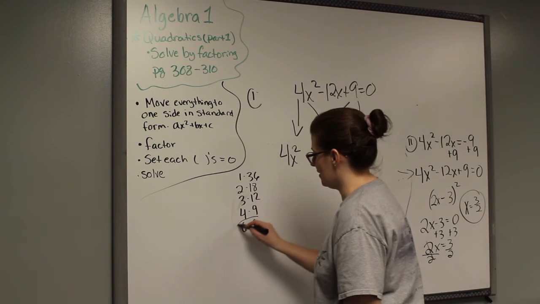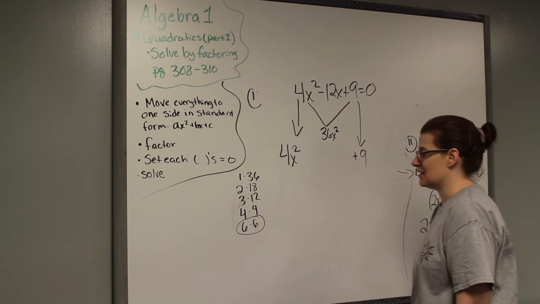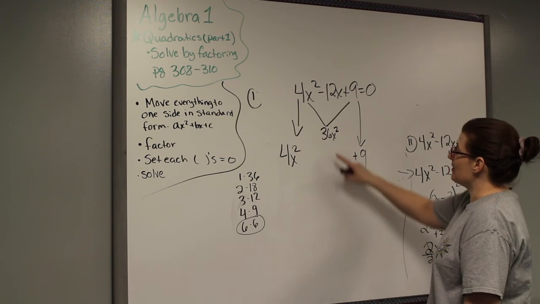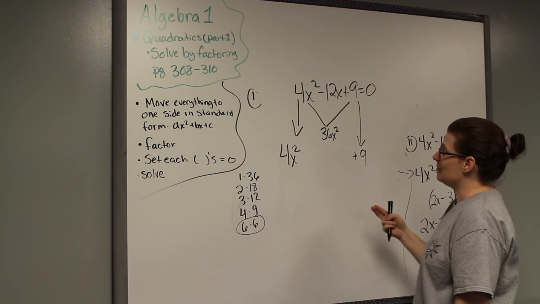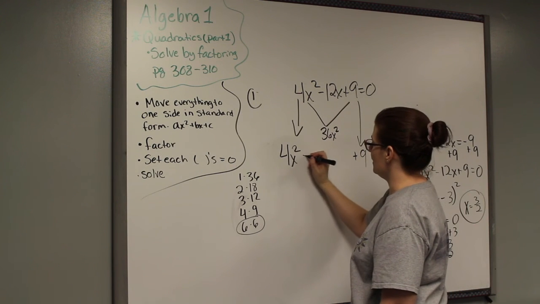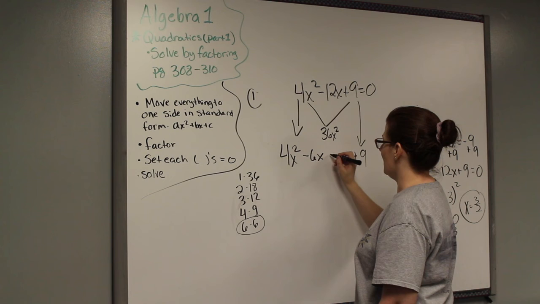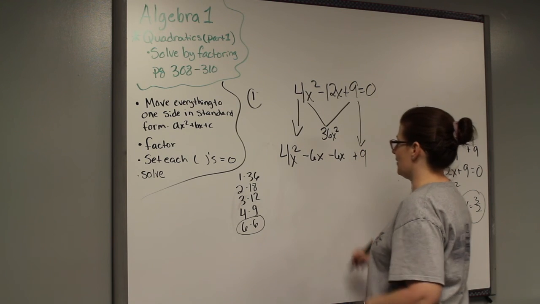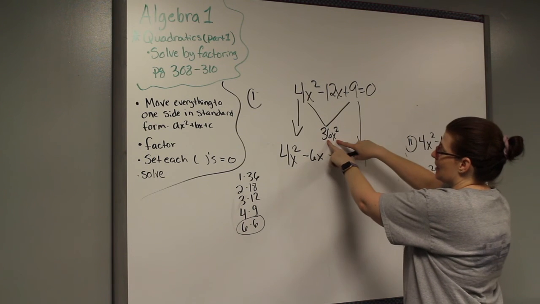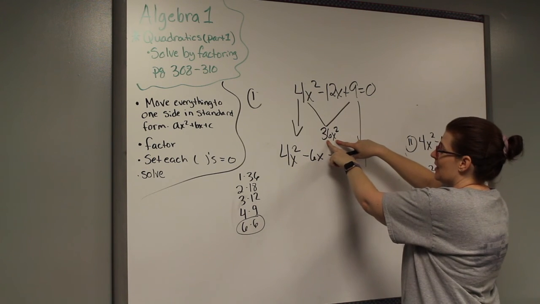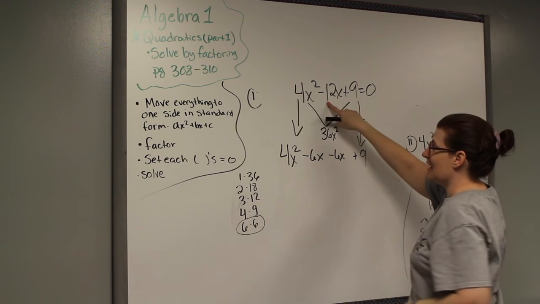It's going to be the 6 times the 6. Well, if this is positive and that's negative, they both need to be negative. So I'm going to write negative 6x and negative 6x. If I multiply negative 6x times negative 6x, I get a positive 36x squared. If I add them, I get the negative 12x.